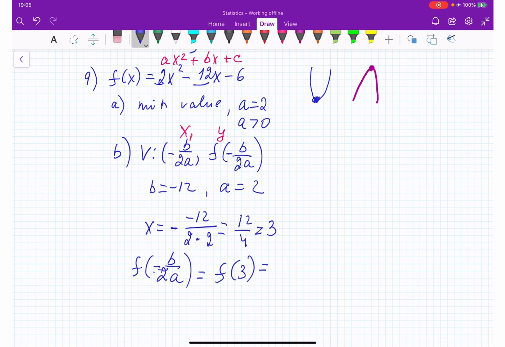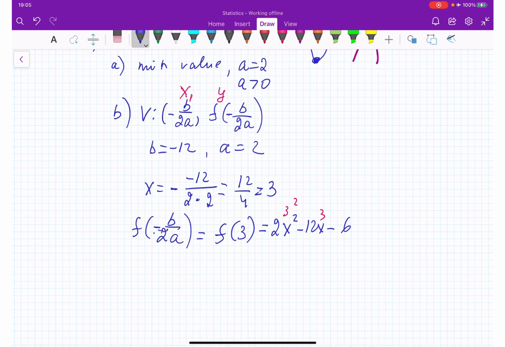So it's going to be 2x squared minus 12x minus 6, where we are going to plug in the value of 3. So it's equal to 2 times 3 squared minus 12 times 3 minus 6.